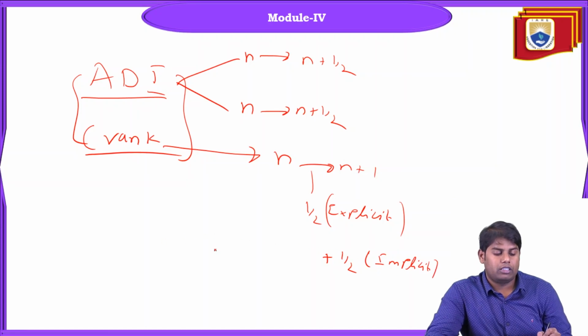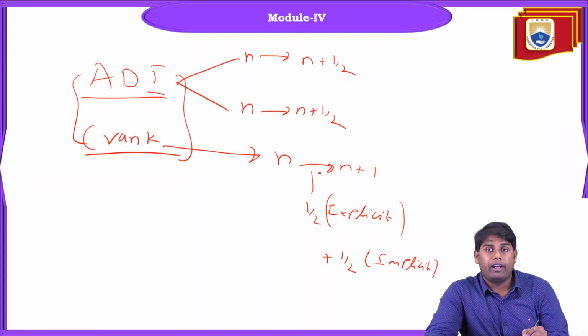So we are not dividing the time step in Crank-Nicolson; we take half explicit and implicit in one go. In ADI we are not going that way; we are doing it in a different way.